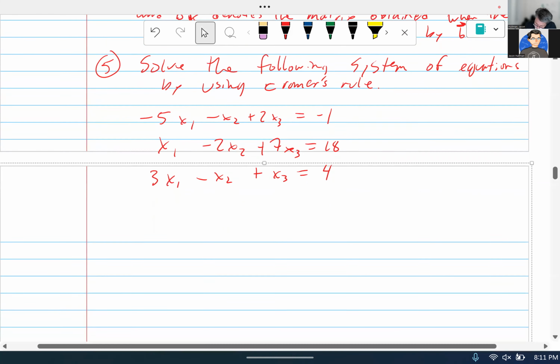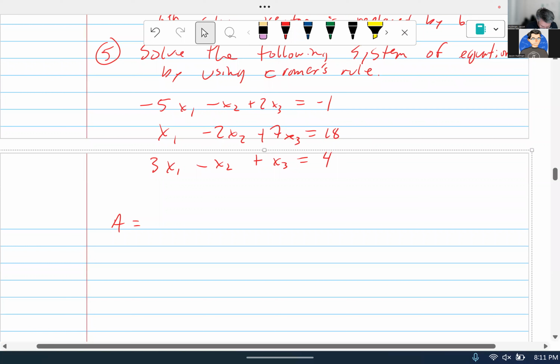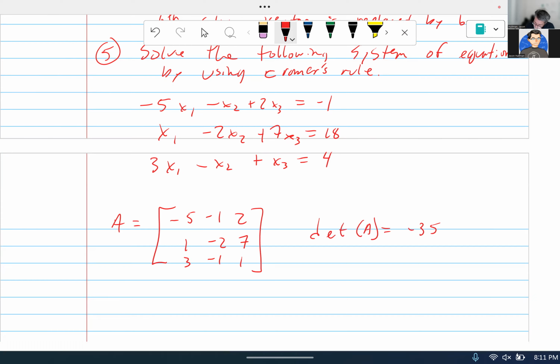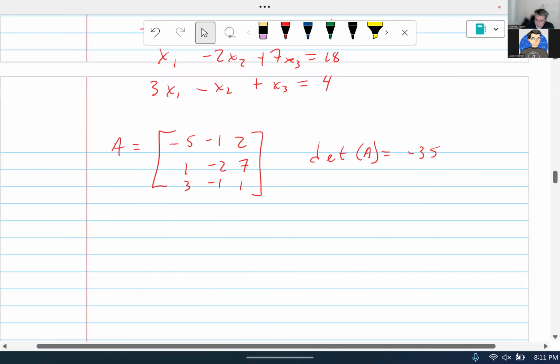Then A is my coefficient matrix: -5, -1, 2, 1, -2, 7, 3, -1, 1. If I find the determinant of A by any of the methods we've shown, it's -35. Now I need B sub 1.